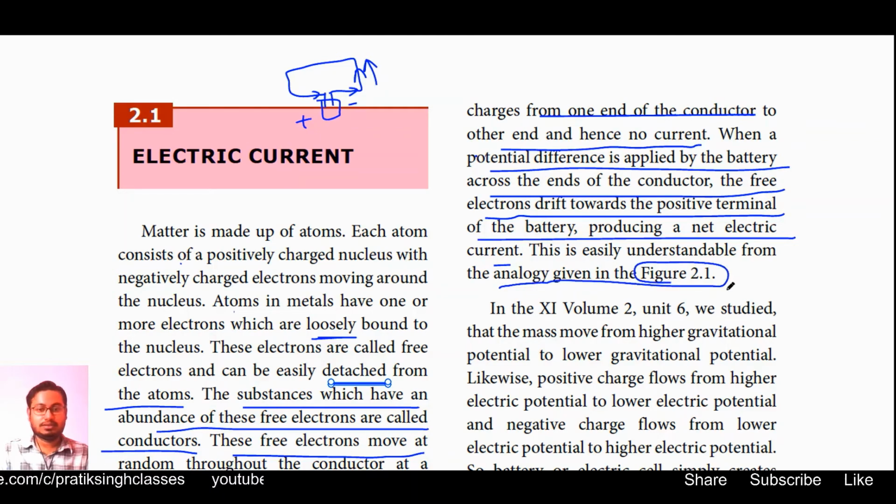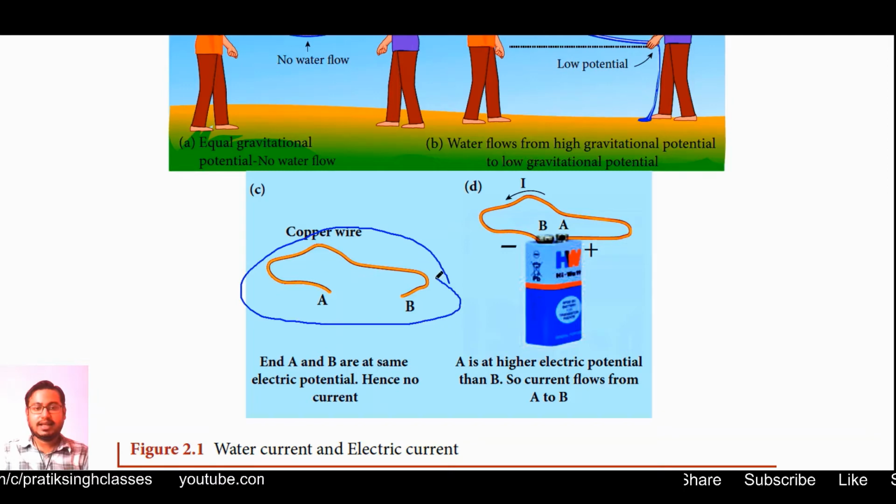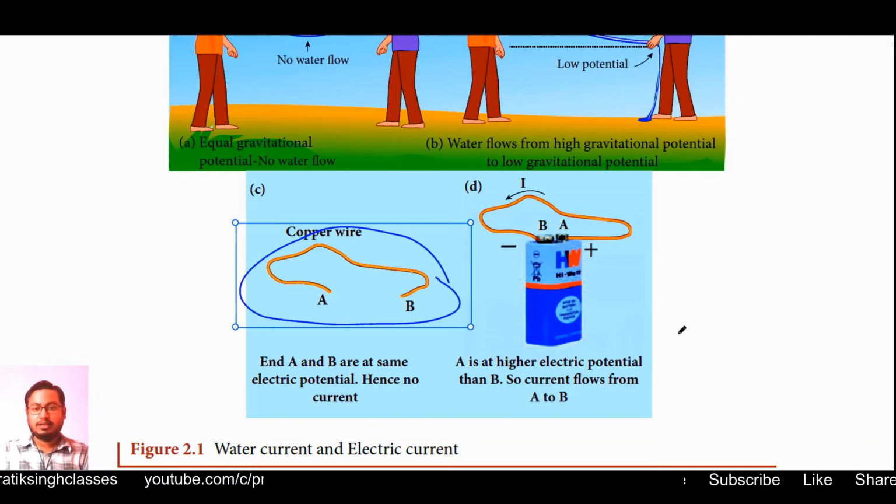Let us see what is given there. As you can see in figure 2.1, a copper wire, a conductor, is attached to a battery, and the current is flowing in this direction, in the anti-clockwise direction.